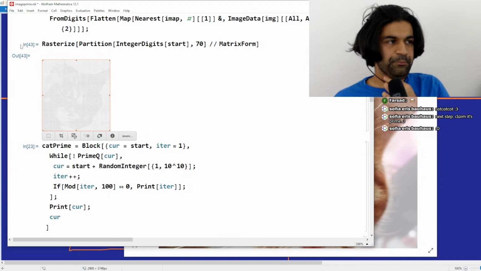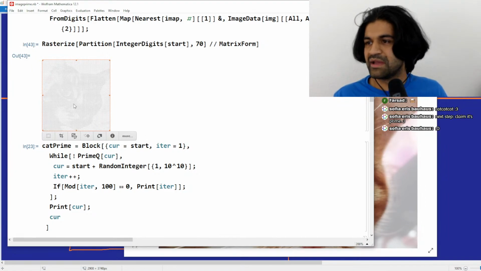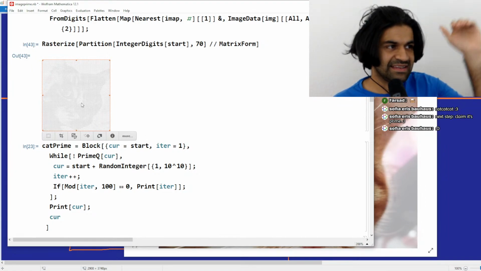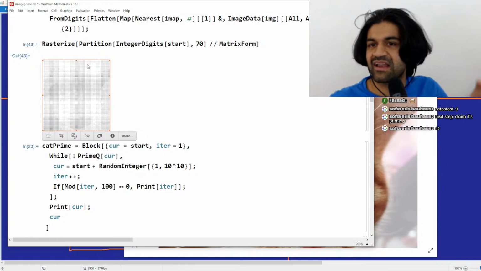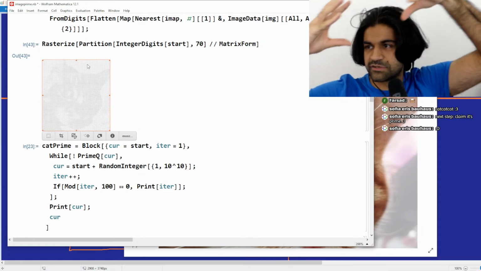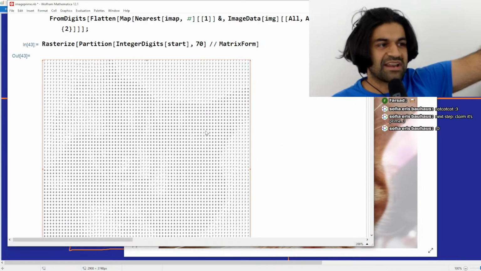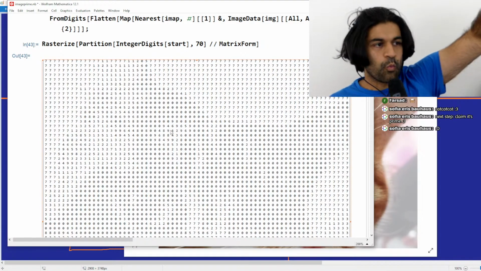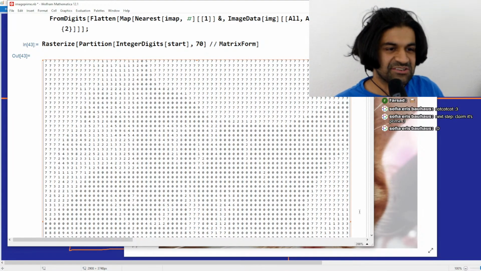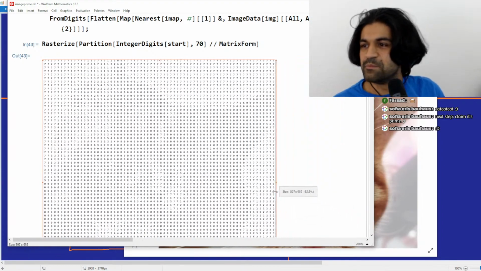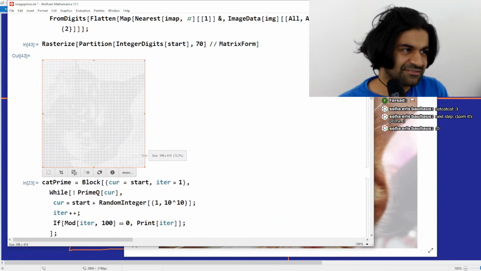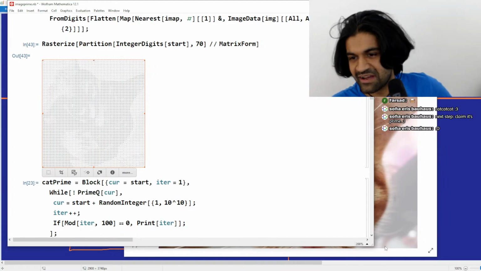When I put this in Photoshop, in order to get the digits to look more like the cat, I put all the numbers closer together. There's a lot of white space, as you can see, the way it's being rendered in Mathematica. If you look at each number, there's a lot of white space between each number and each adjacent number, which kind of messes with the appearance, which of course I didn't like.